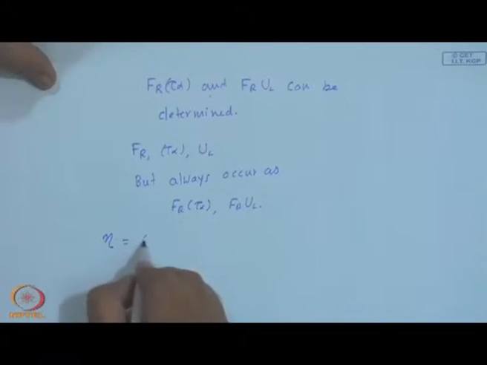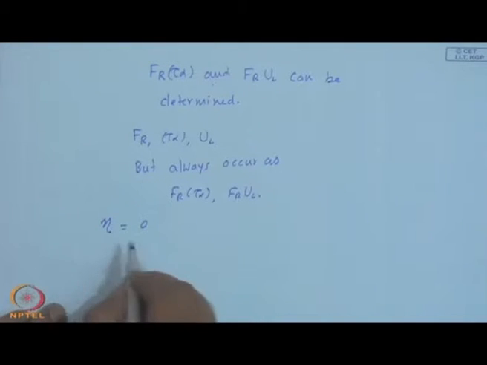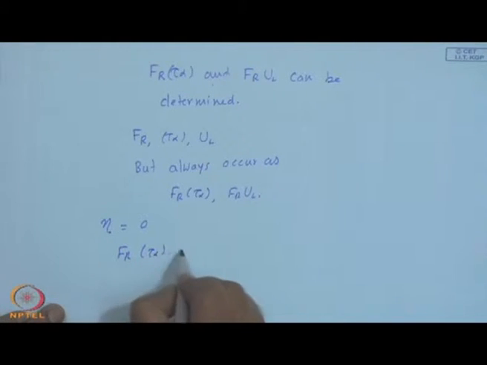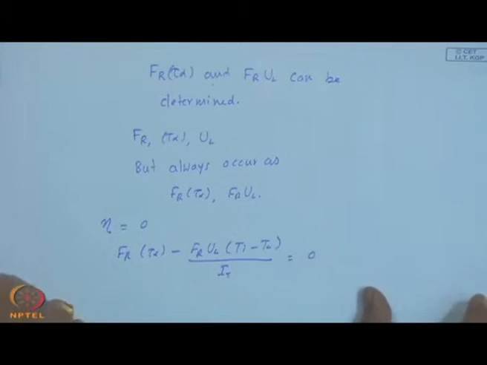Now, if efficiency is equal to 0, assuming that the line continues, it will lead to a certain value of I_T, that is F_R tau alpha minus F_R U_L times (T_i minus T_a) by I_T equal to 0.